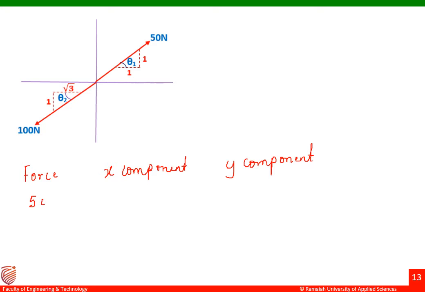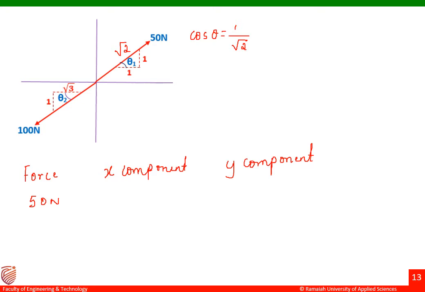So let me write my first force as 50 Newton there. What is the formula for x component? It is F cos theta. So let me write the answer for cos theta and then sin theta. Cos theta is adjacent upon hypotenuse. My adjacent is 1. My hypotenuse would be root 2 there.